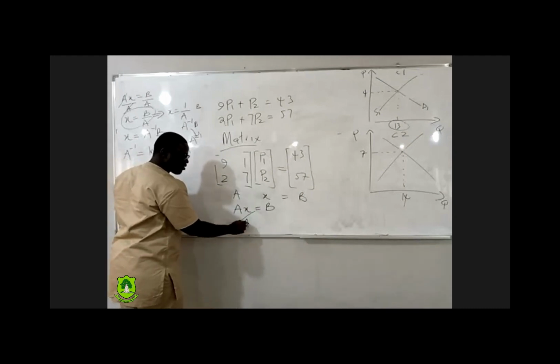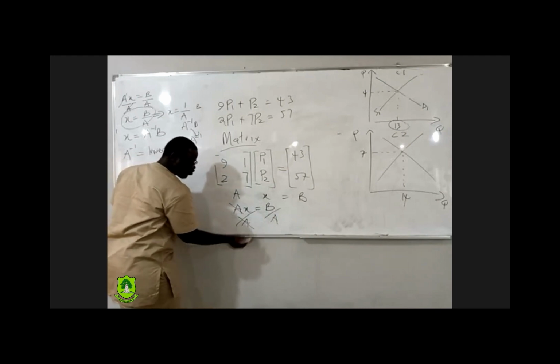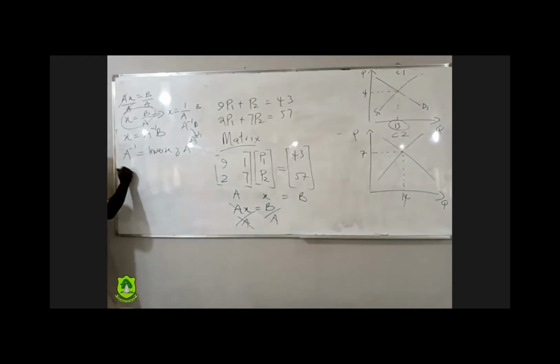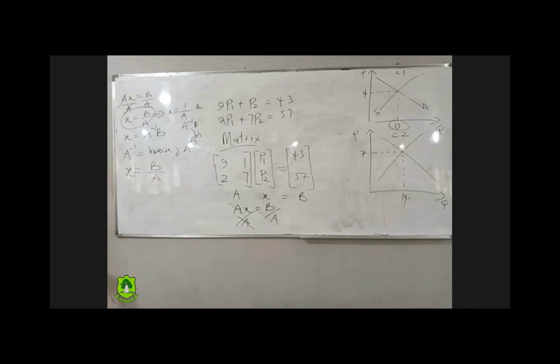You divide by A. So this A will cancel this one. So which means X will be equal to B over A. But in matrix, we don't divide. We rather put the inverse. So the language in matrix is that an inverse of something means divide by something.